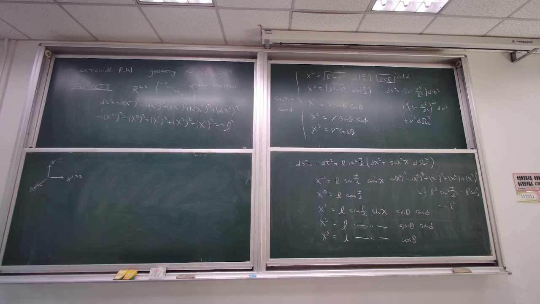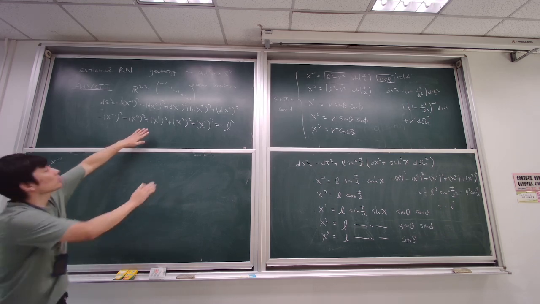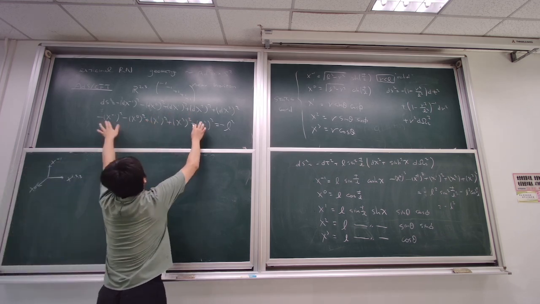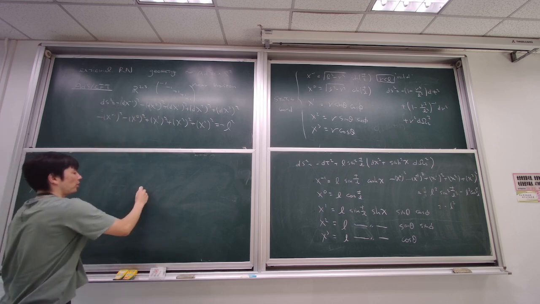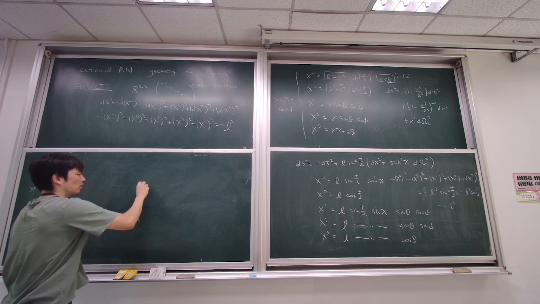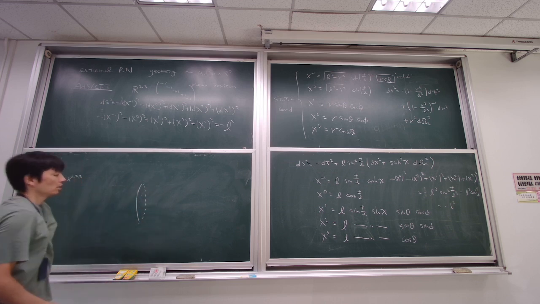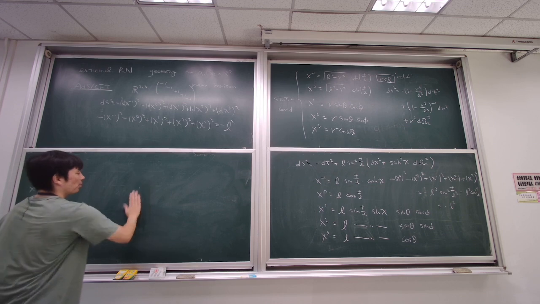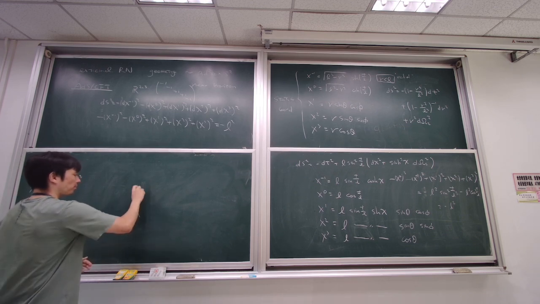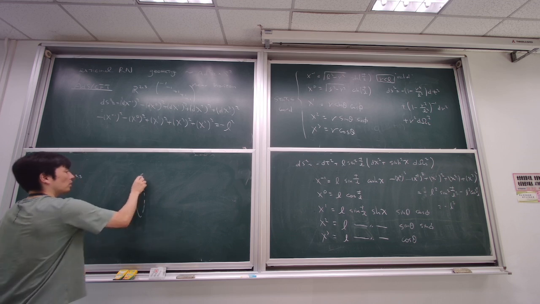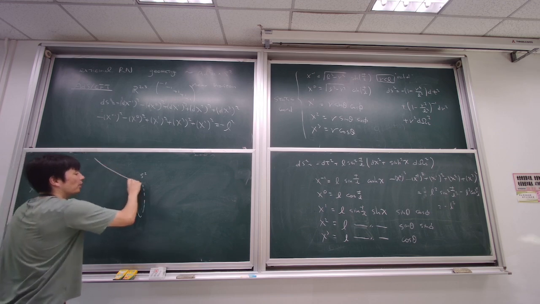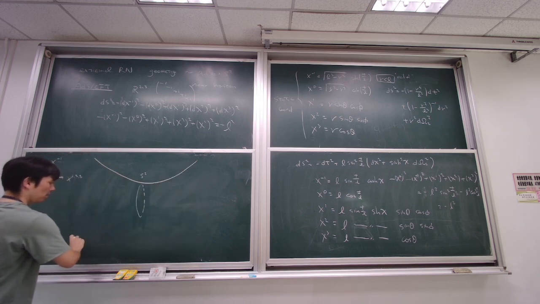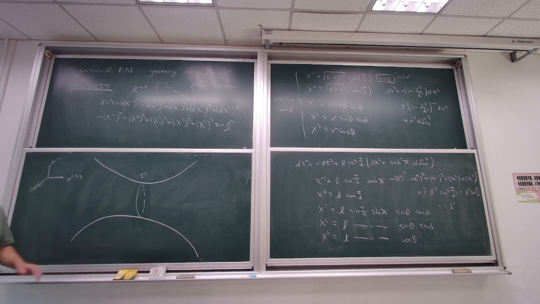Once you set x1, 2, 3 equal to 0, you get this S1 circle in the middle, maybe a little bit smaller. Once you turn on the x1, 2, 3 directions, it behaves like this.